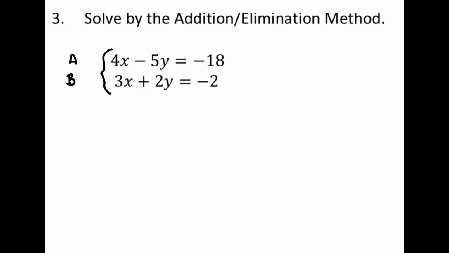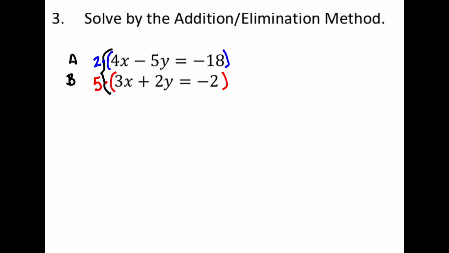Okay, personally, I'm going to eliminate y, and the reason for that is they're already opposites. So I'm going to times the top equation by 2 and the bottom equation by 5, so that way I have a negative 10 and a positive 10.